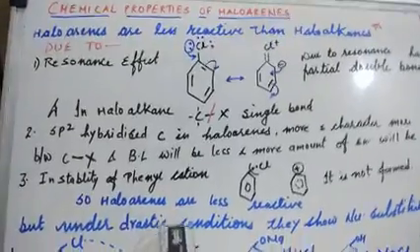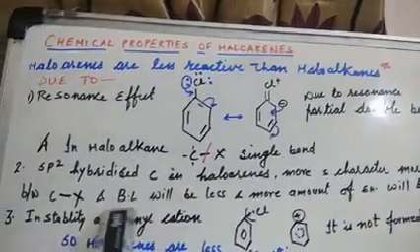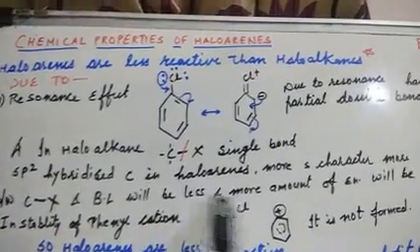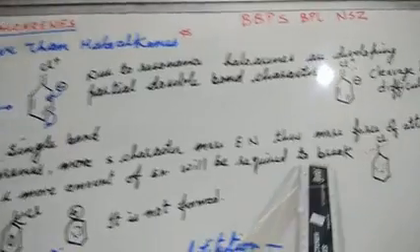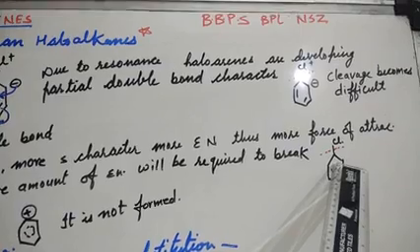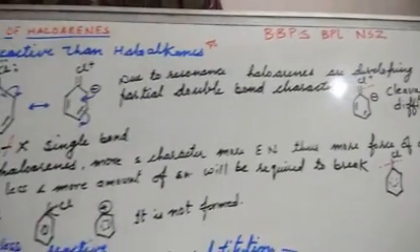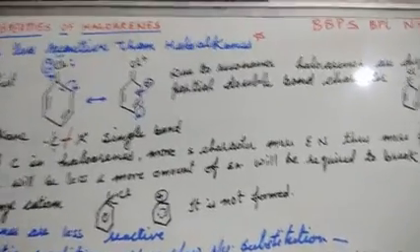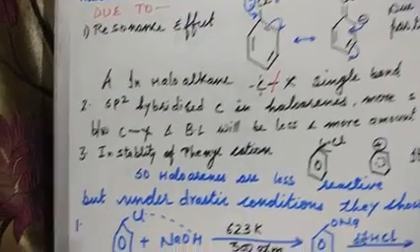So again we will say that reactivity is less. Here I have written: bond length will be less and more energy will be required to break the C-X bond in haloarenes. Okay, students? So this is one more reason why haloarenes are less reactive.